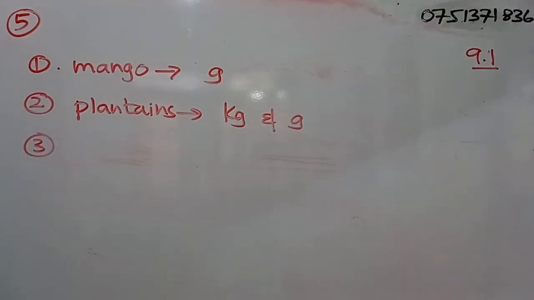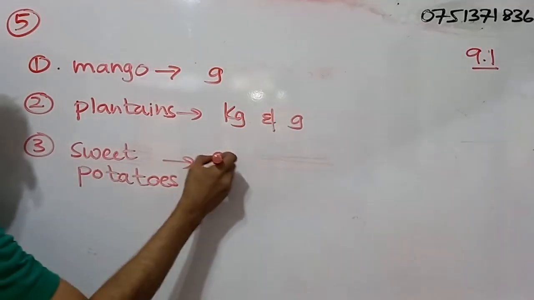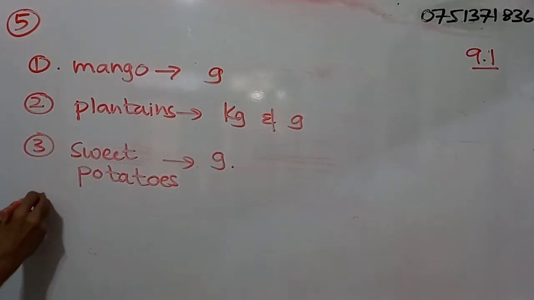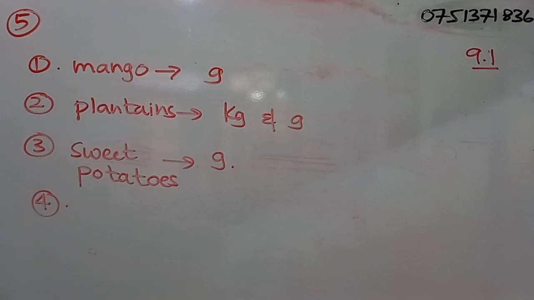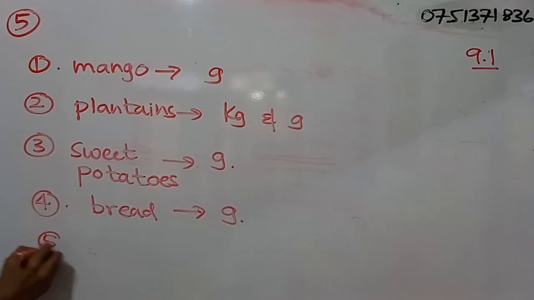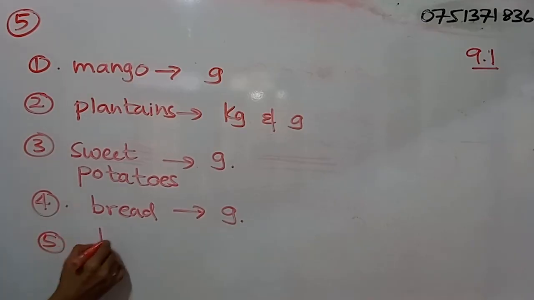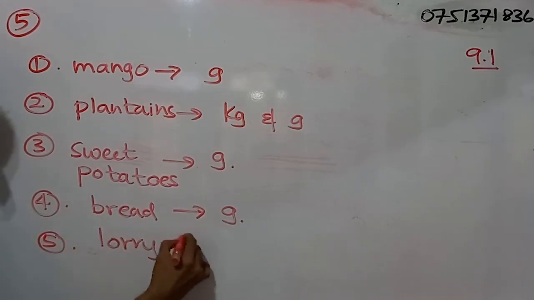Okay. Then part 3. What do we have? We have a bag of sweet potatoes. We can use grams, no? Grams. Okay. Part 4. What do we have? A loaf of bread. So we can use grams for that also. Part 5. What do we have? A lorry.